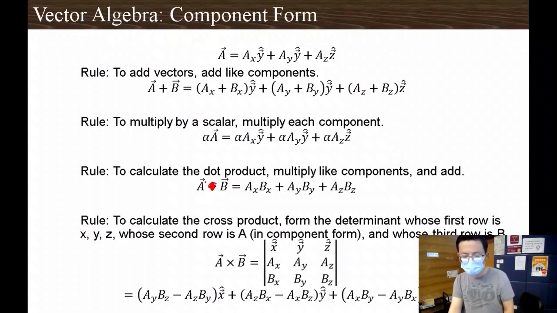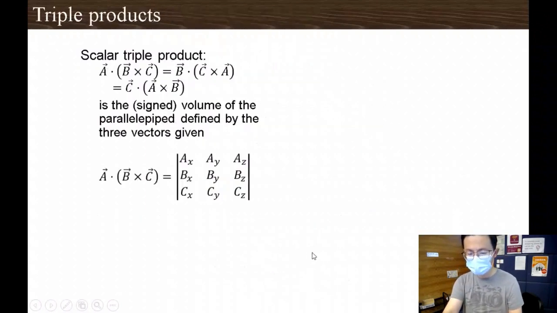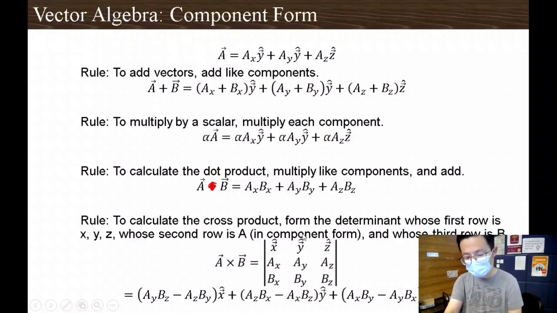And now for the cross product, you should use the determinant, and you should have already learned that from your mathematics course, right? If you want to write out the cross product A cross B, you need to write out the directions on the first line, then write the first vector on the second line, and write the second vector on the third line.